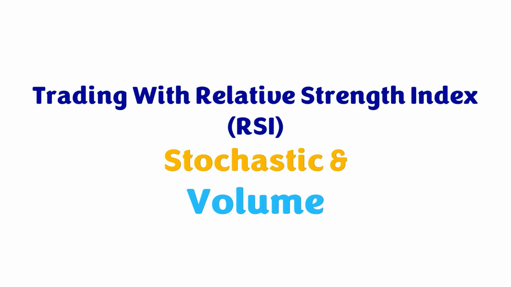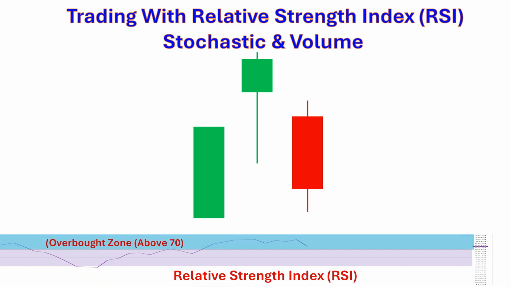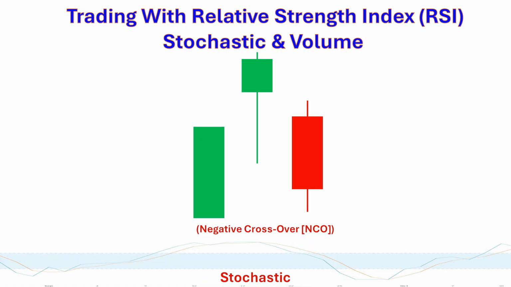Trading with relative strength index, RSI, stochastic and volume. Beyond candlestick shape, confirm using the relative strength index. It should be in the overbought zone above 70. Stochastic: also look for a negative crossover, NCO, in overbought condition. %K crossing below %D is an early sell trigger.